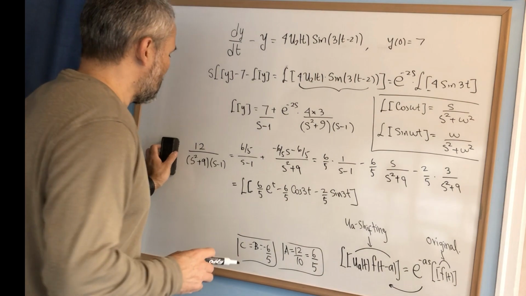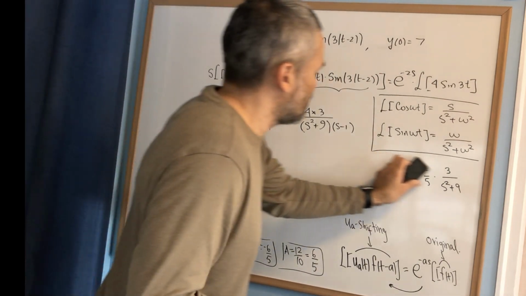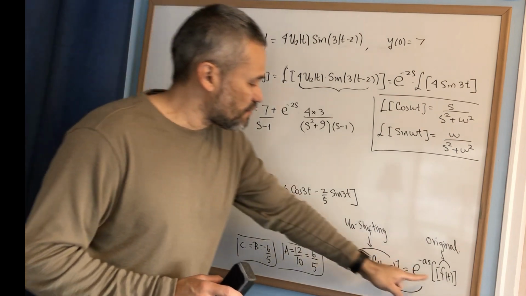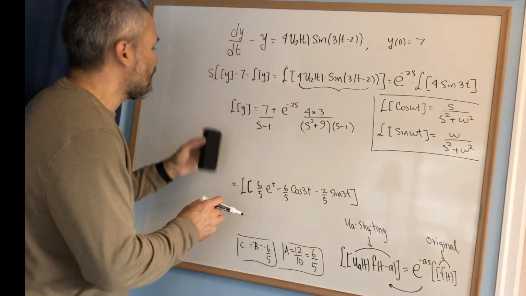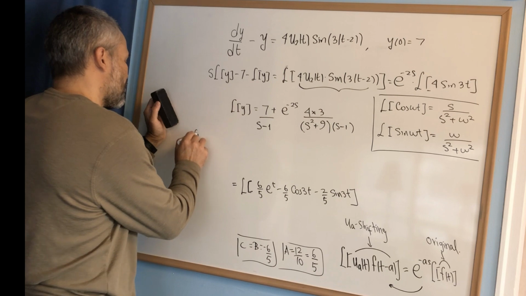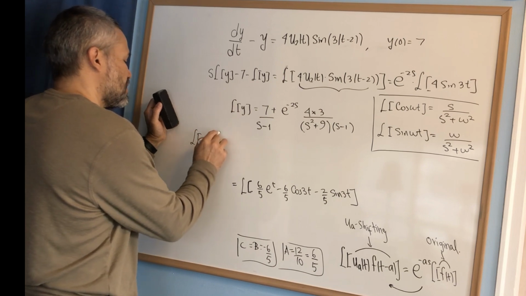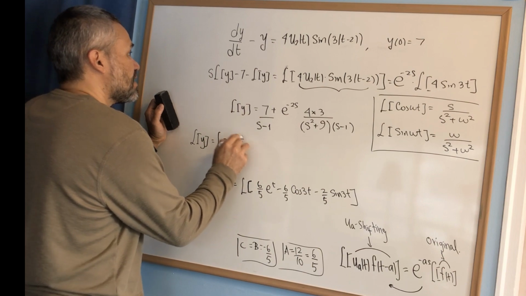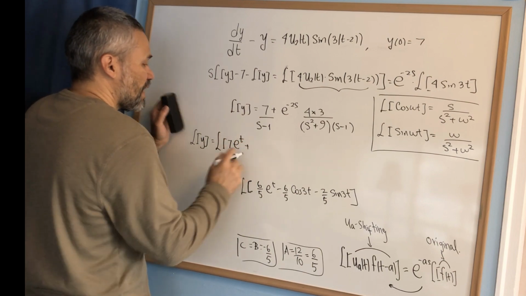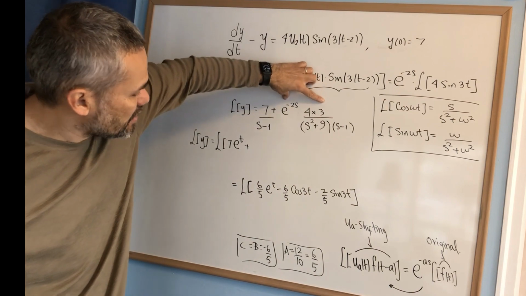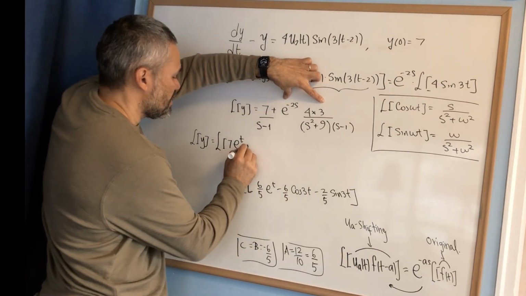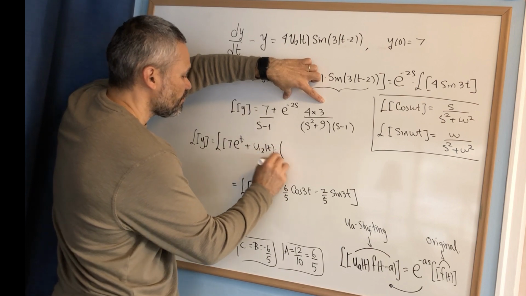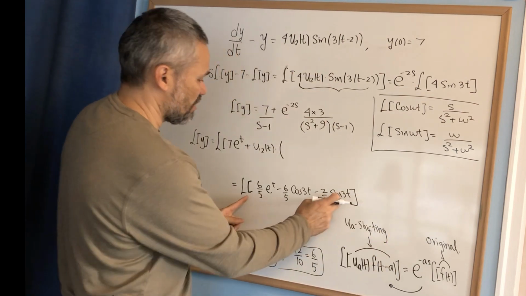Therefore, this is this Laplace transform, and using this formula from right to left, we get that the Laplace transform of y is the Laplace transform of 7e to the t plus this part, which is going to produce a ua, u2 of t times, and instead this is my original function.